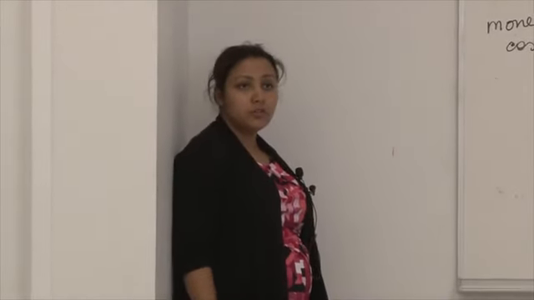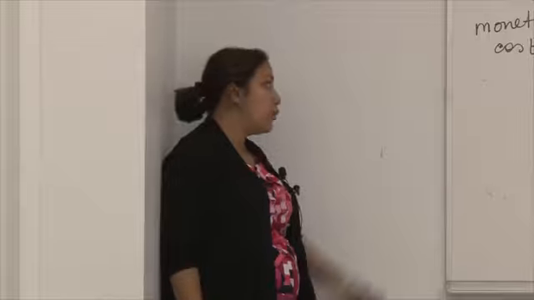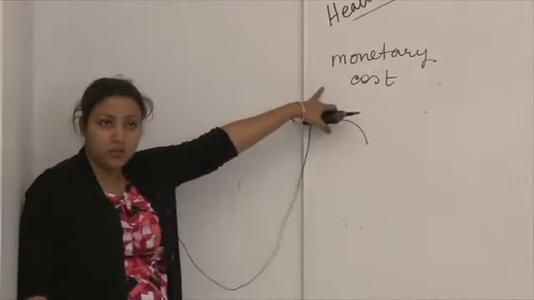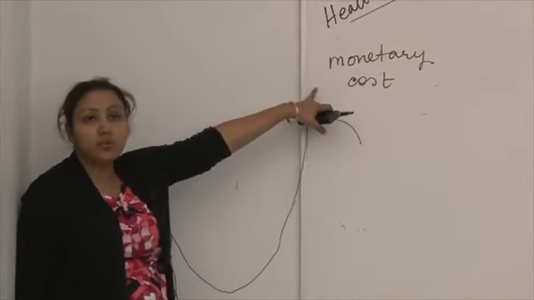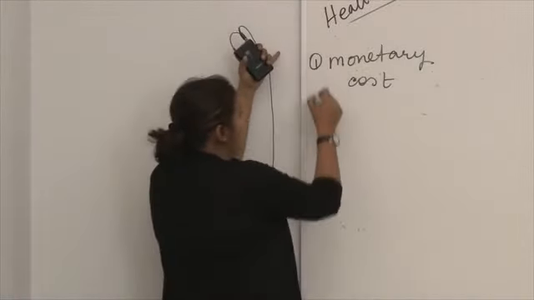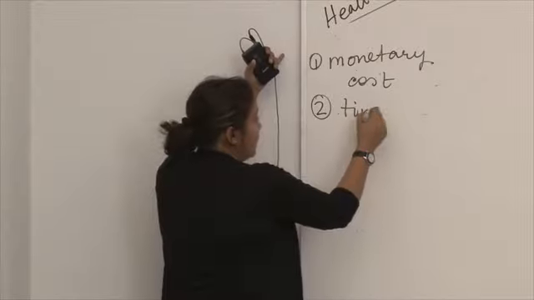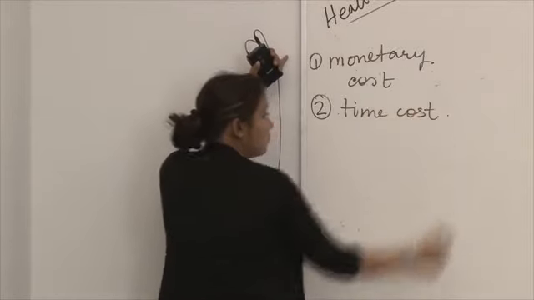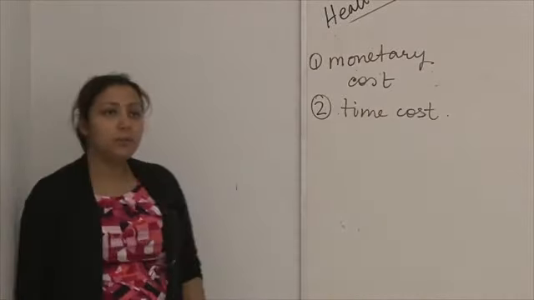There's the monetary cost. But please note that while this is the explicit cost that is attached to any health problems that you may have, there is also a time cost that is involved. And what do I mean by the time cost?